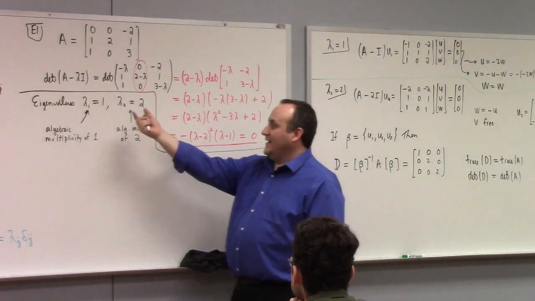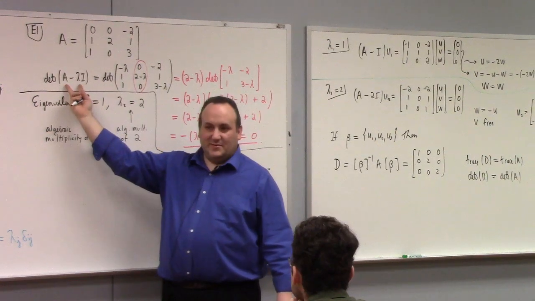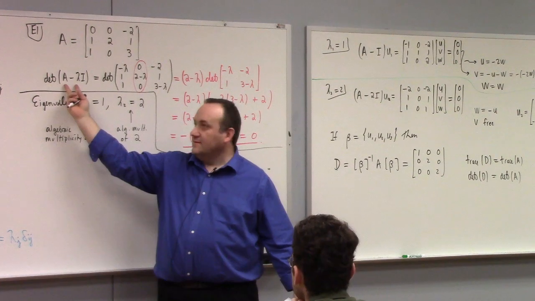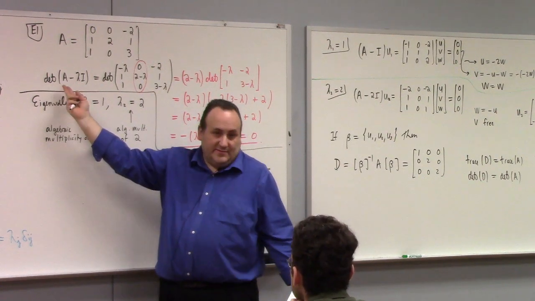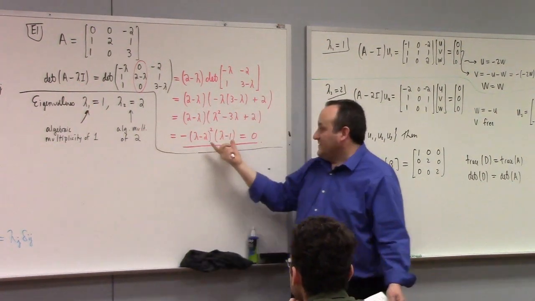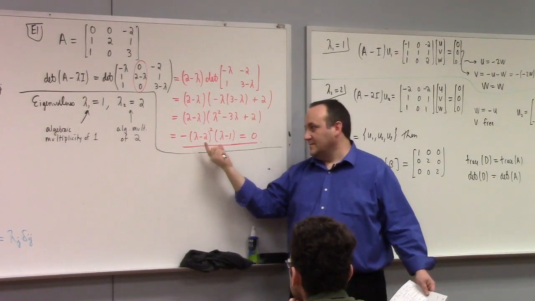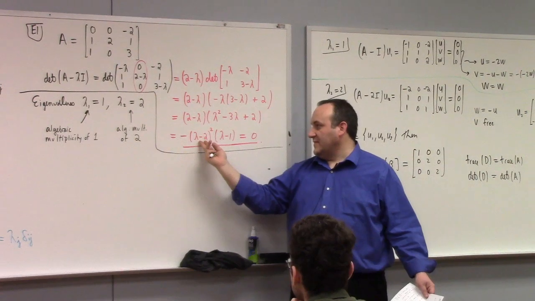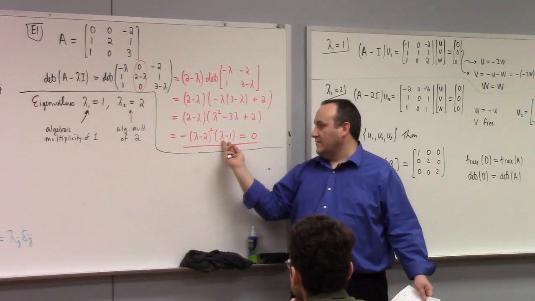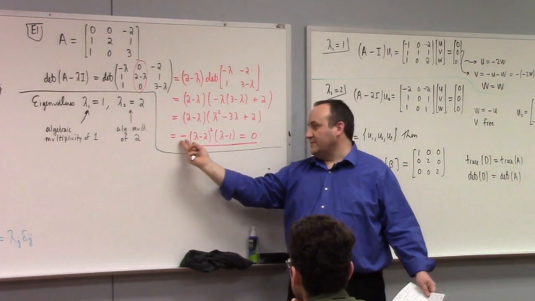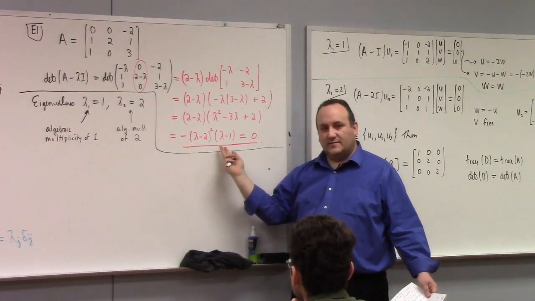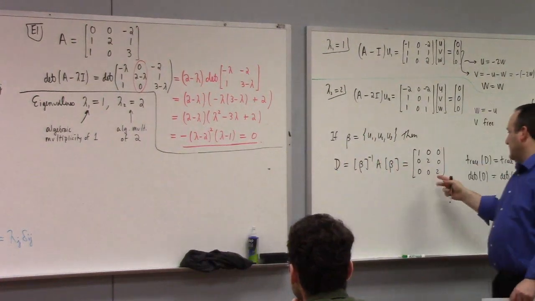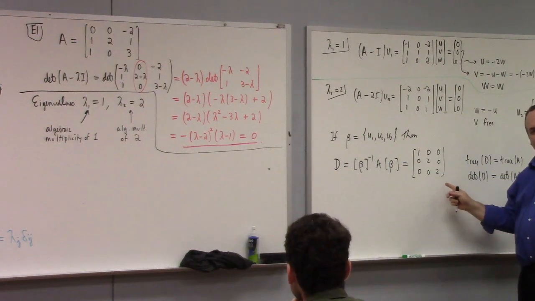How do I make this become A? I just put lambda equal to 0, which makes that go away. If I put lambda equal to 0 here, I've got minus 2 times 4 times minus 1, which is 4. Obviously, the determinant of this is 4.